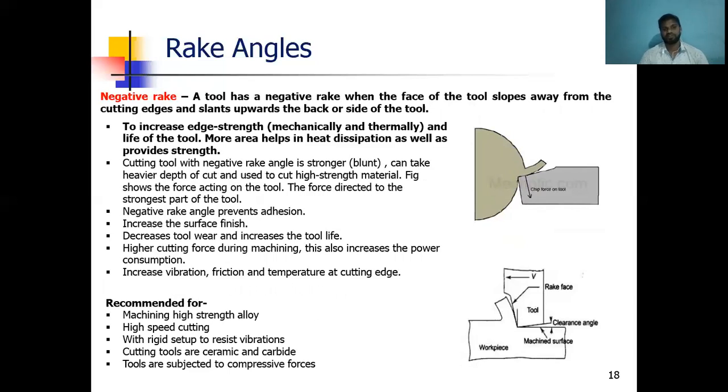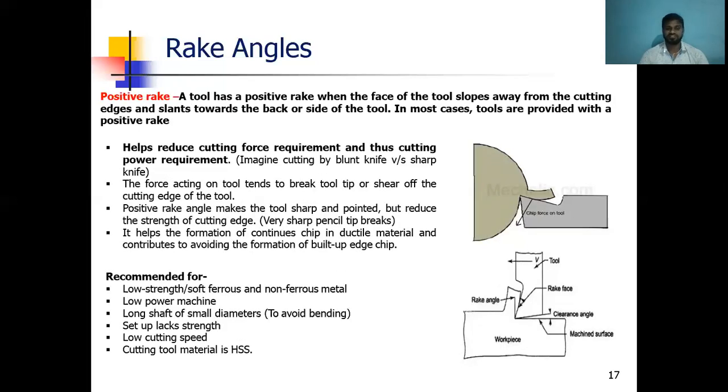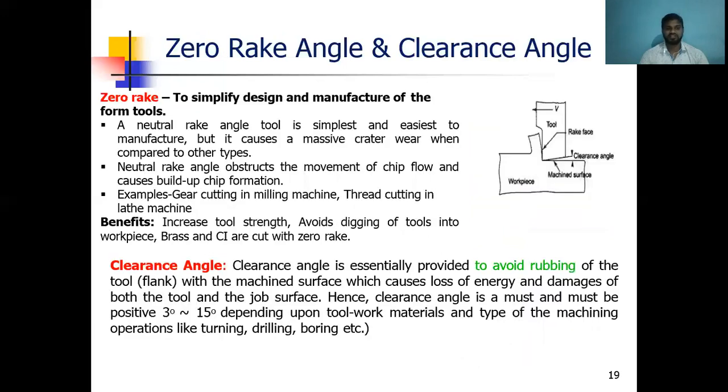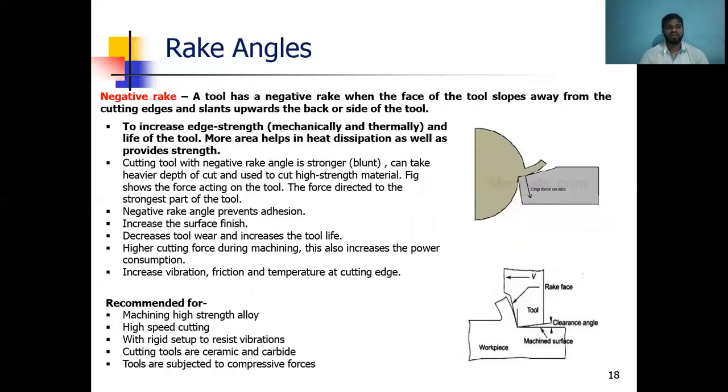Next one, negative rake. First we discussed positive rake, and the second one is negative rake. A tool has a negative rake when the face of the tool slopes away from the cutting edge and slants upwards towards the back or side of the tool. This increases the edge strength mechanically and thermally, improving the life of the tool, as more area helps in heat dissipation as well as providing strength.